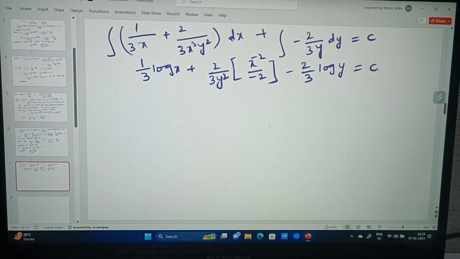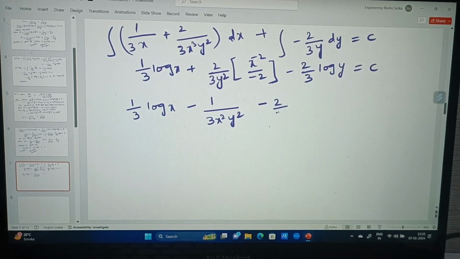Log y is equal to c. Therefore, what is the final answer? 1 by 3 log x, then you will have minus 2 and 2 getting cancelled. You can write it as minus 1 by 3 x square y square minus 2 by 3 into log y is equal to c, which is the required solution.